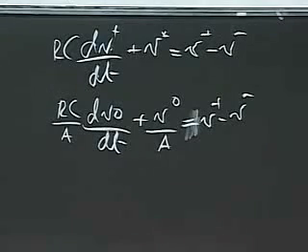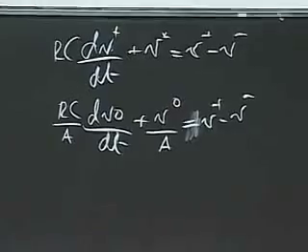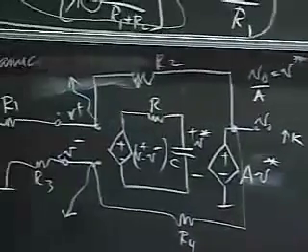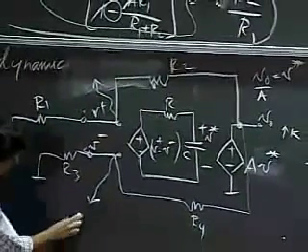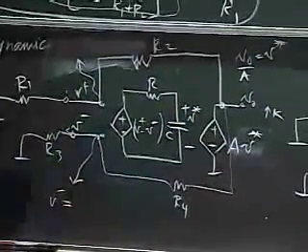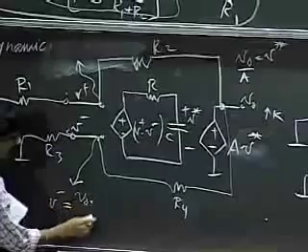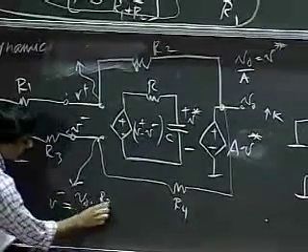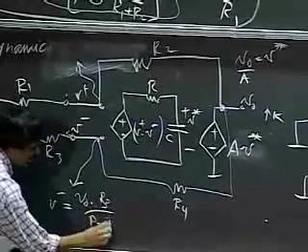So what are these expressions? The expression for V minus is V naught times the voltage divider, R3 divided by R3 plus R4.